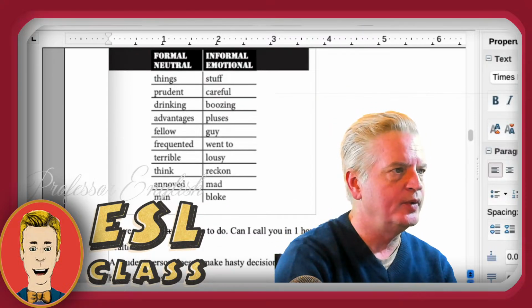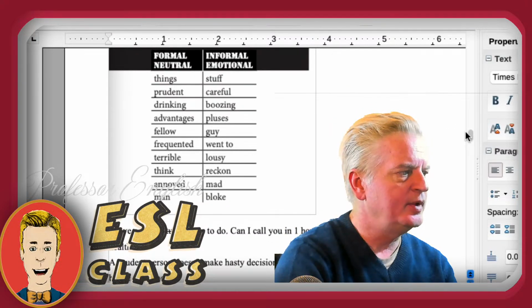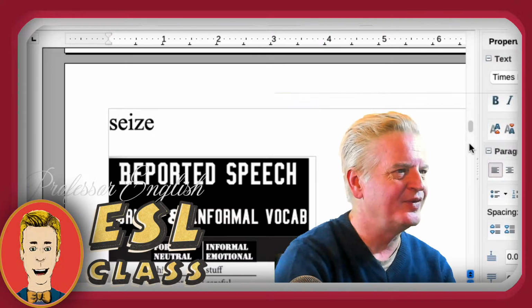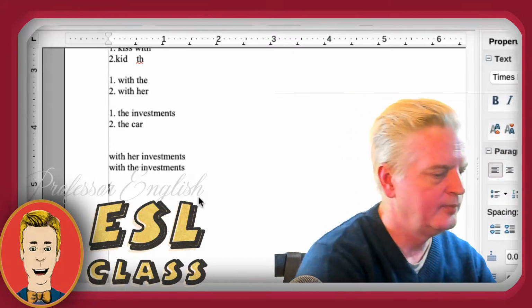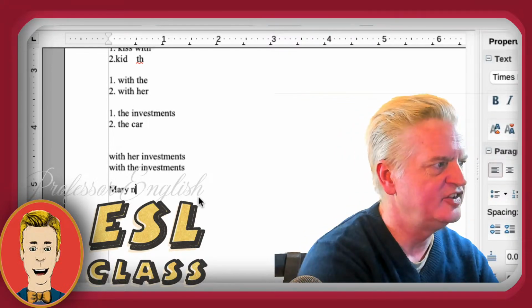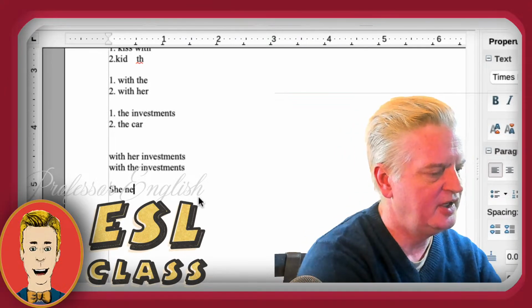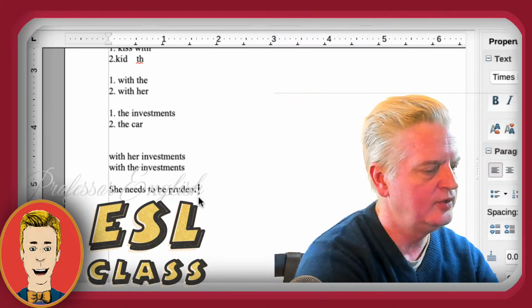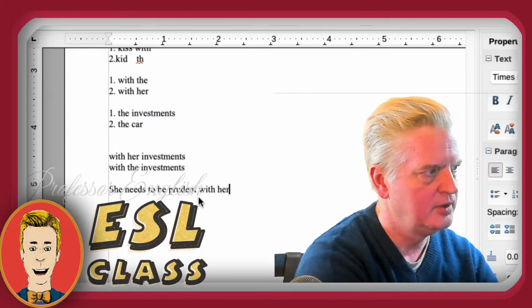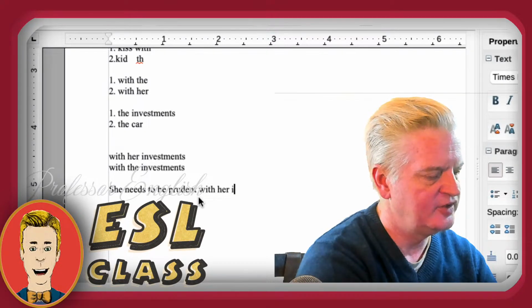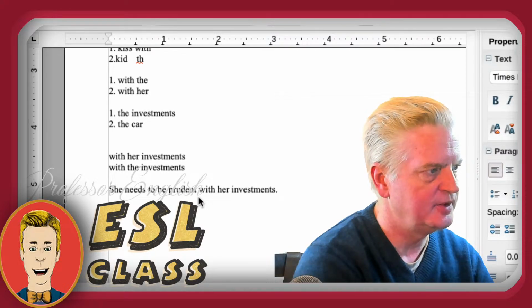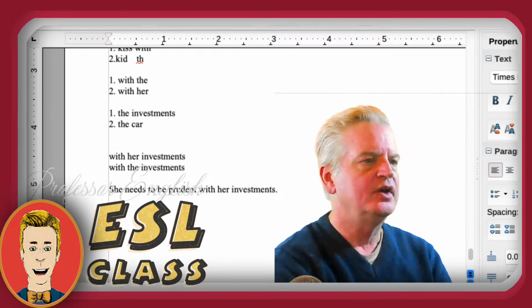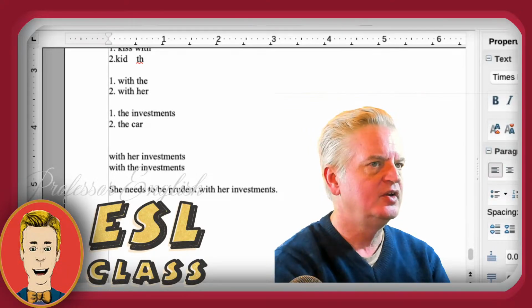Mary needs to be prudent with her investments. Okay, let's write that down here. Mary, let's say she. I'm just going to put she. She needs to be prudent with her investments. Mary needs to be prudent with her investments. She needs to be prudent with her investments. Now let's change that to a reported speech situation.